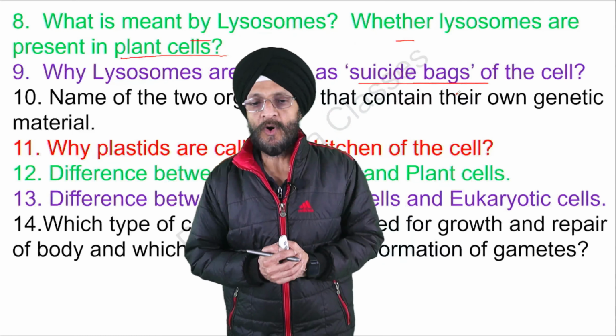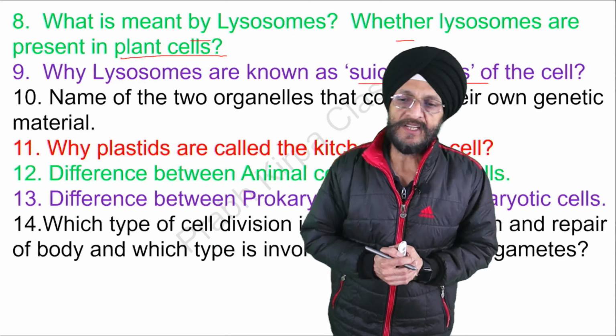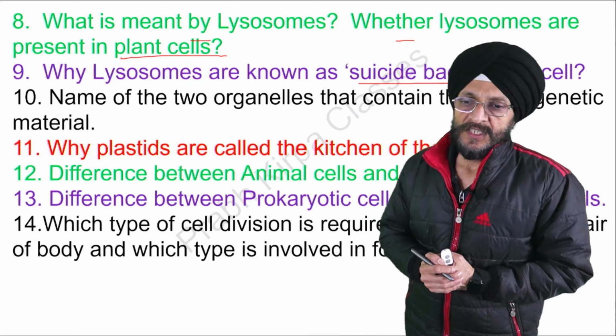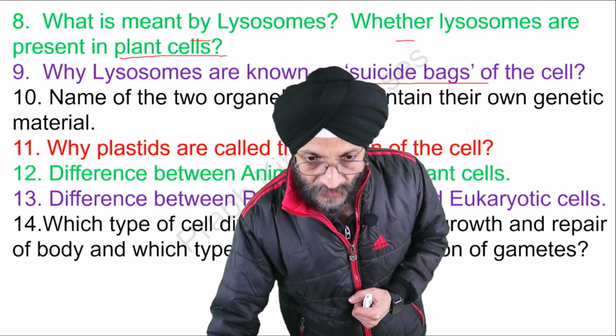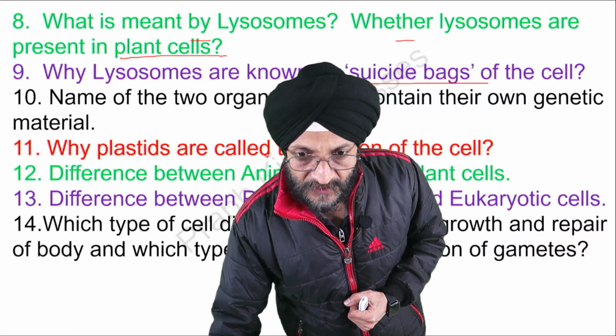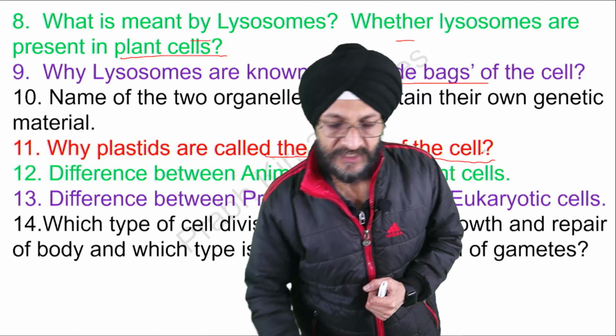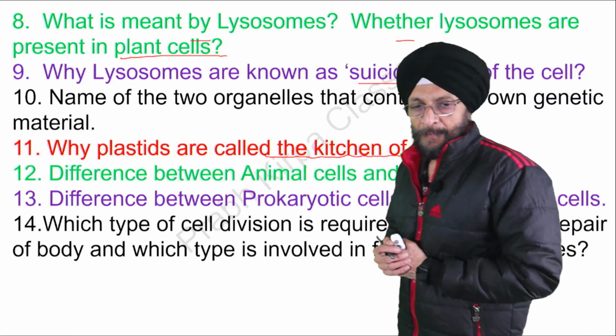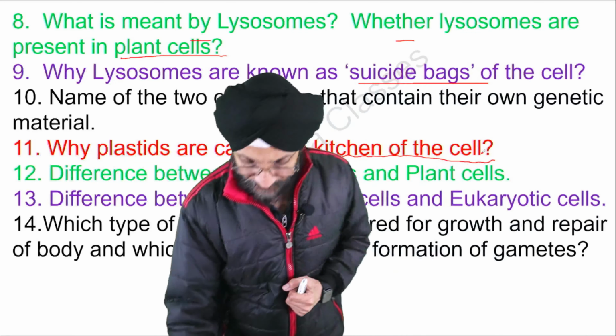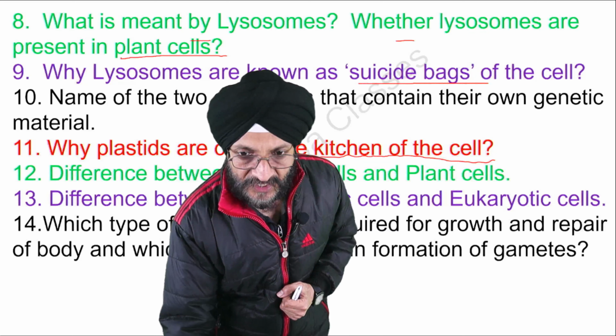Then, name the two organelles that contain their own genetic material. Why plastids are called the kitchen of the cell. Then, what are the various differences between animal cells and plant cells?